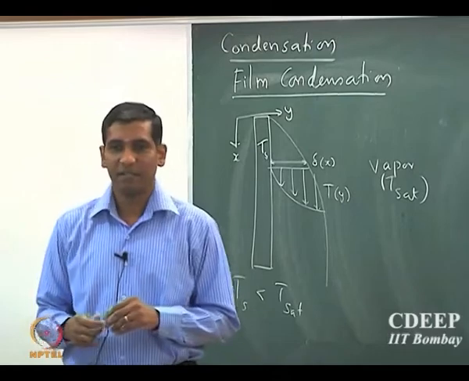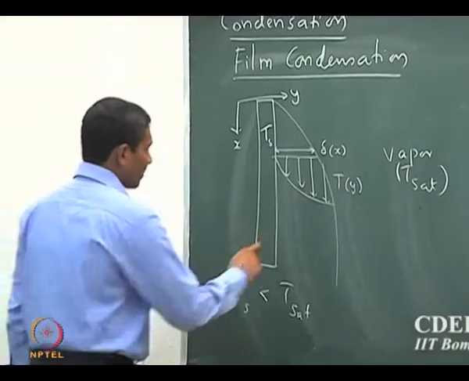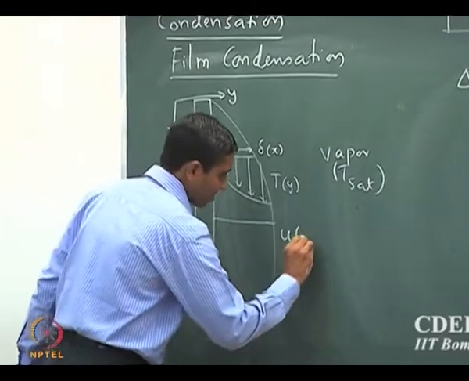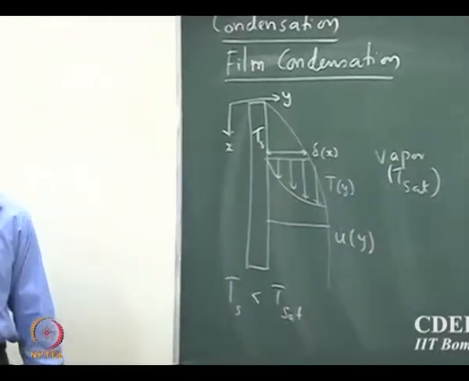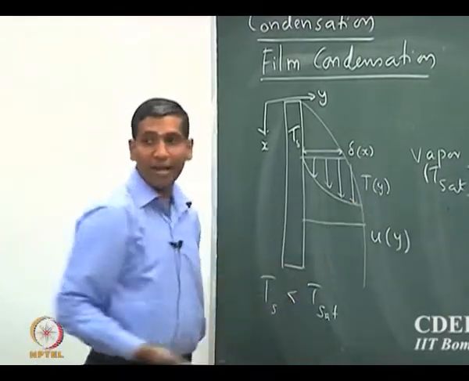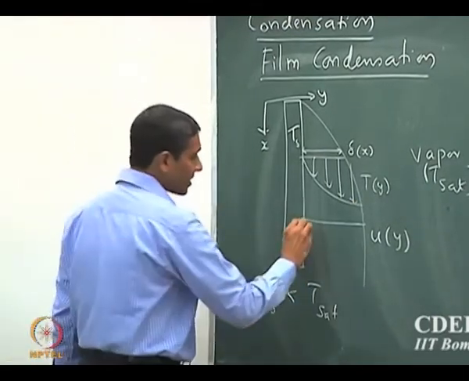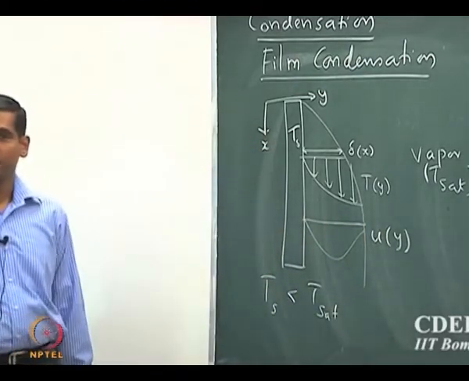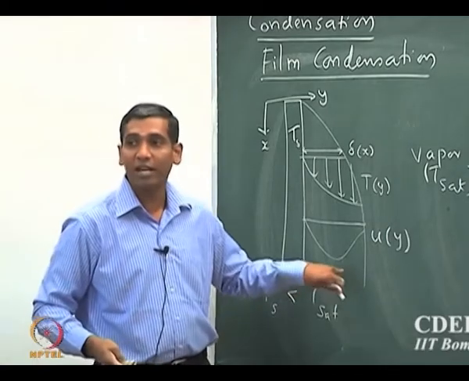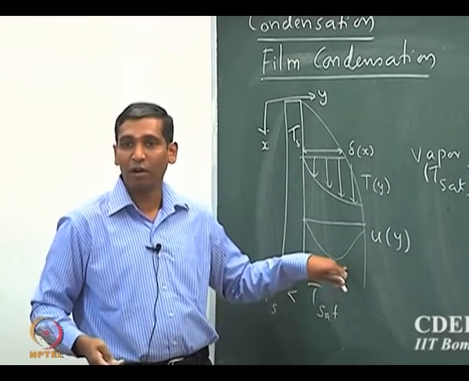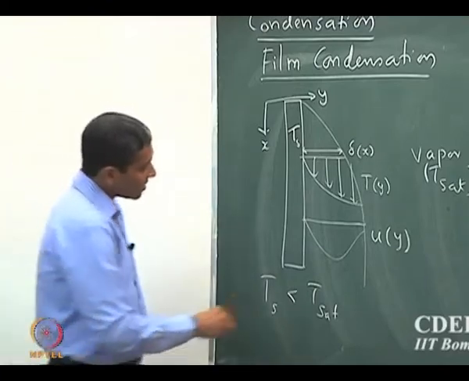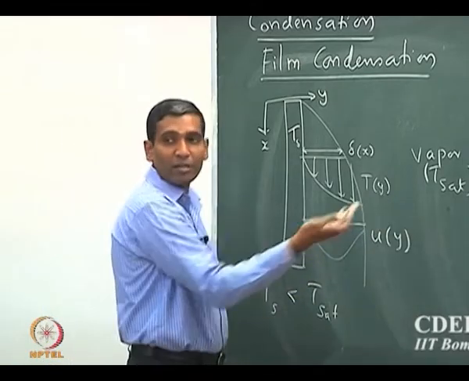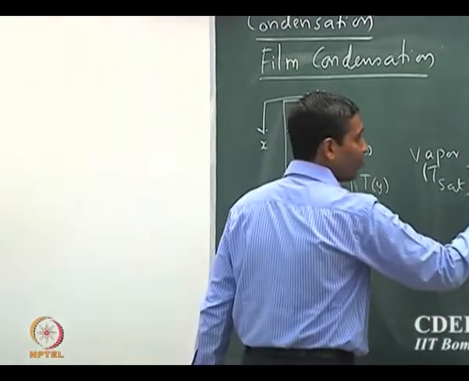So you would expect that u of y should have a maxima. So if you look at your textbook, there is a mistake in the profile that they have drawn. You would expect a maxima somewhere in the boundary layer. The vapor is at complete rest, and so you have u infinity is 0.